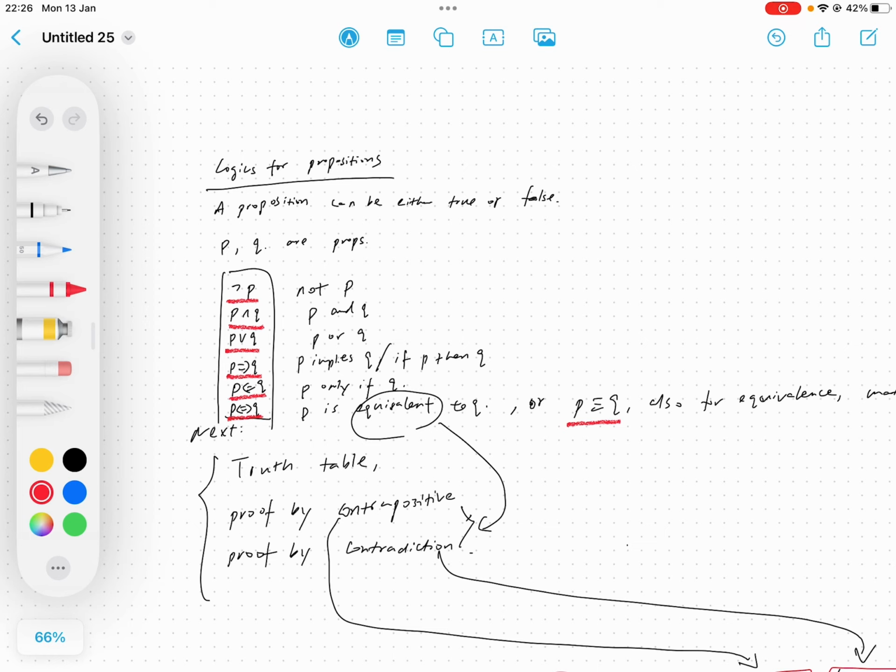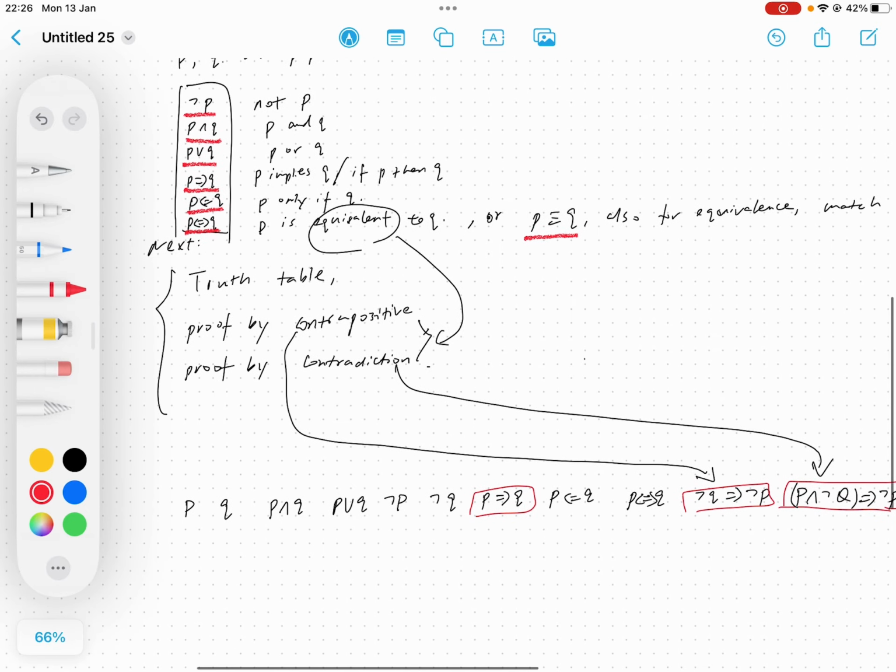So you can essentially build your own proof by using a truth table, okay? And as long as you can match all those cases, then it will work, okay? Good.